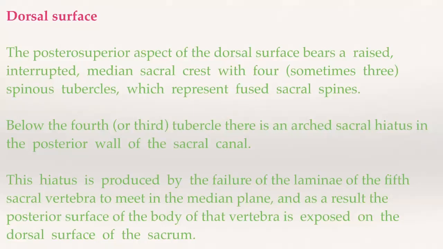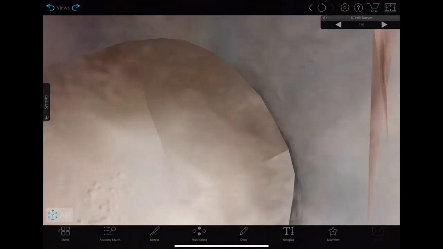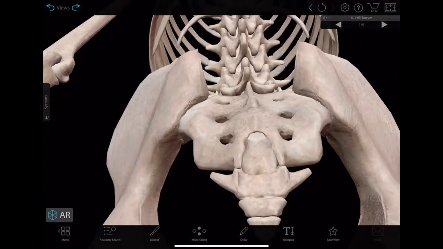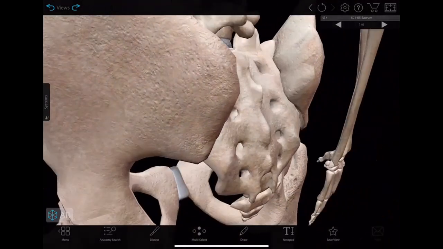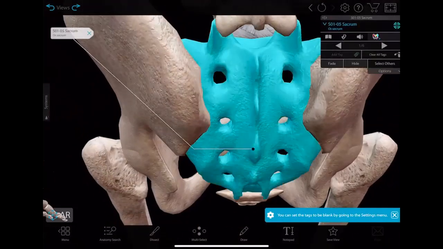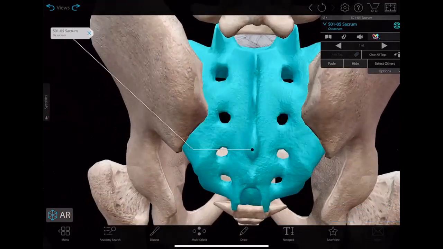Below the fourth or third tubercle, there is an arched sacral hiatus in the posterior wall of the sacral canal. That is called the sacral hiatus, the opening. You can see the spines, that is the median crest.